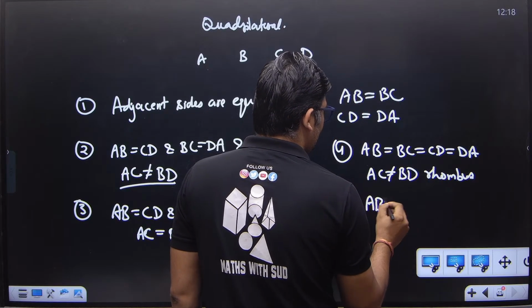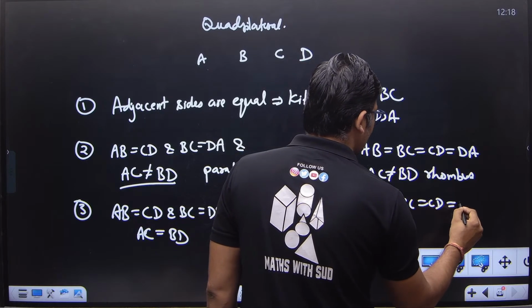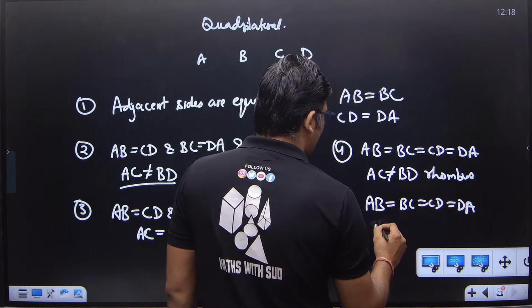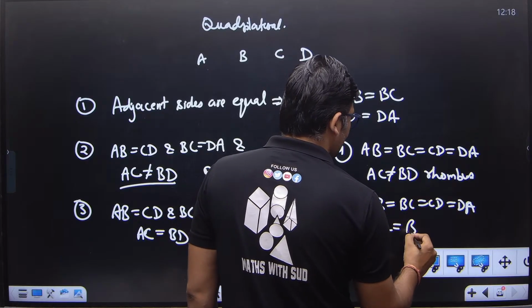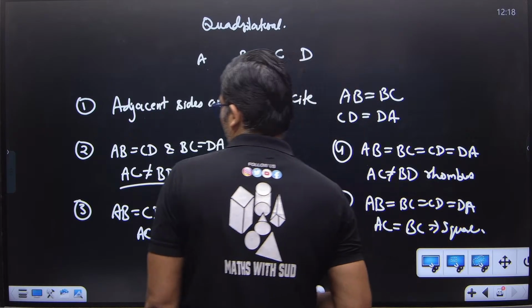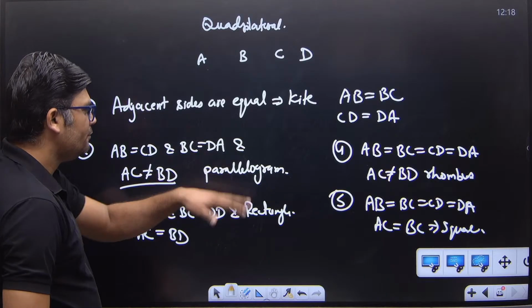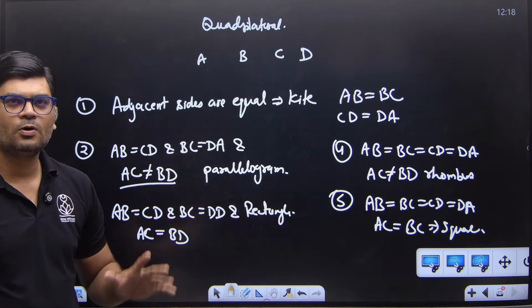Suppose that AB is equal to BC is equal to CD is equal to DA, and also AC is equal to BD, then it is a square. And if none of these, then it is just a mere quadrilateral.